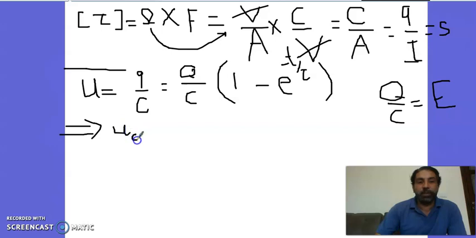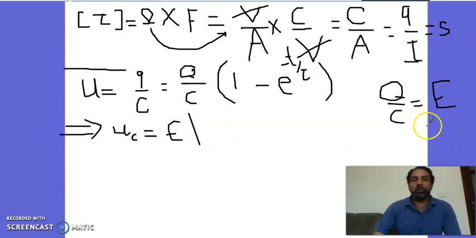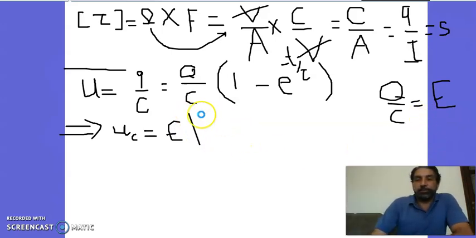U across the capacitor, which is U_AB, equal E into 1 minus e to the minus t over tau.